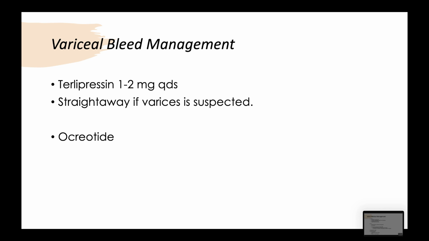So in terms of varices, if you suspect that this is a variceal bleed, then you would start the patient on terlipressin 1 to 2 milligrams QDS, and you want to start that straight away if you suspect it. As well as that, you would also start the patient on octreotide, which is a somatostatin analog.